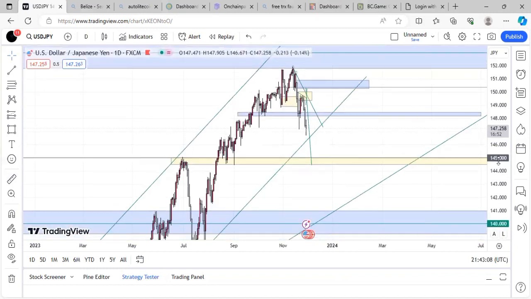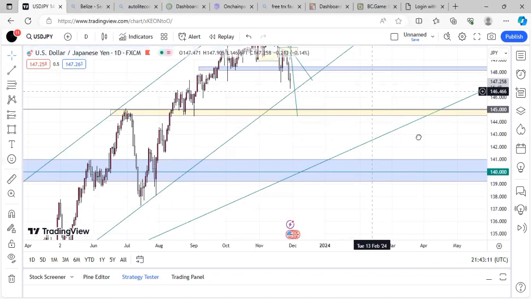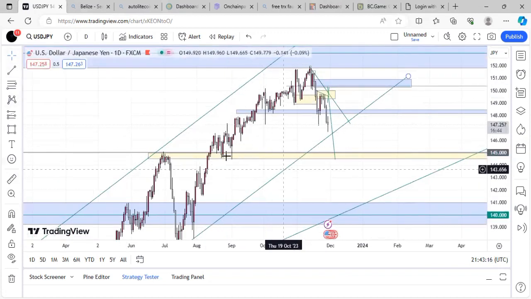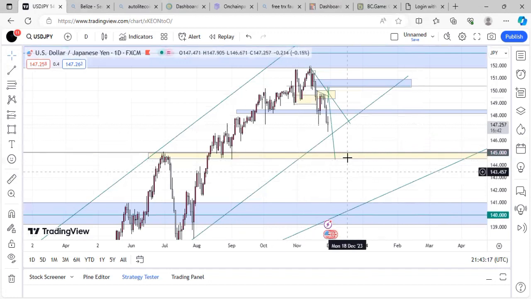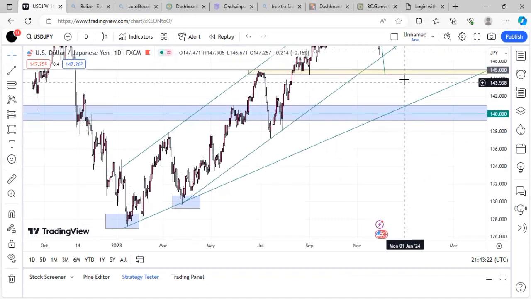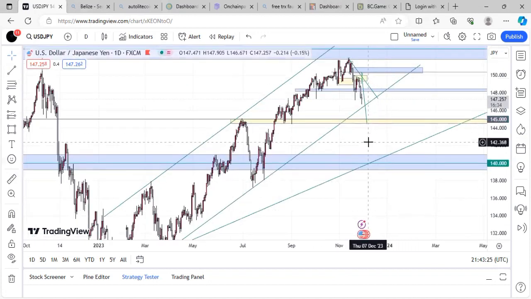But remember, we are still inside this trend line, right? In our last class, I was saying that until it breaks the 1.46 and 1.45 region, that's when I'll know that USD JPY would actually sell.